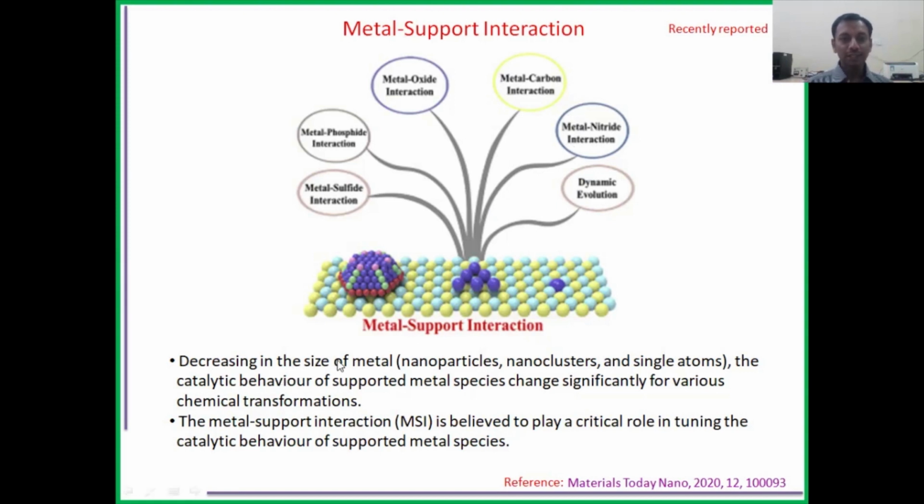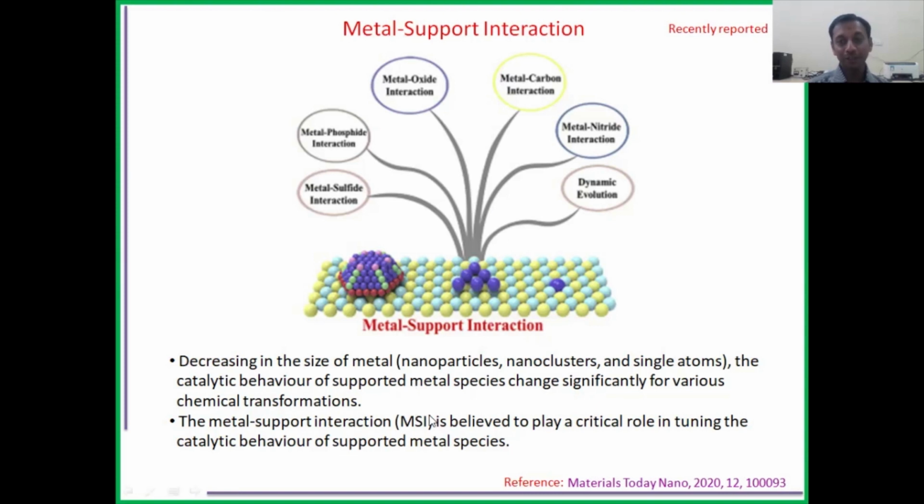So with decreasing size of the metal, it can be a nanoparticle of metal, it can be clusters, and it can be in the form of a single atom of metal. The catalytic behavior of supported metal species changes significantly for various chemical transformations.